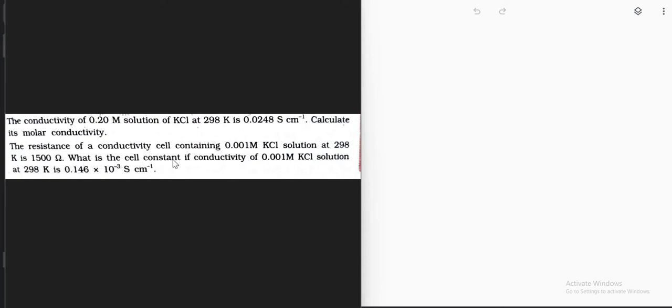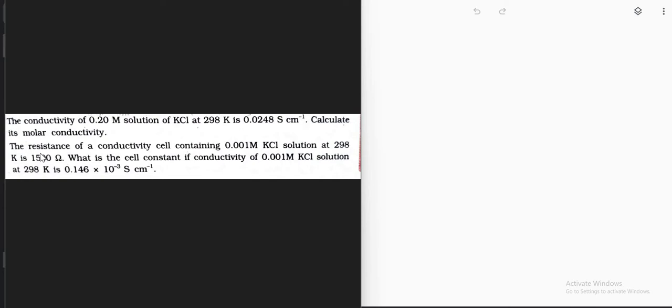What is the cell constant if the conductivity of 0.001 molar KCl solution at 298 Kelvin is 0.0146 into 10 power minus 3 Siemens centimeter inverse? Okay, it's a very simple question.